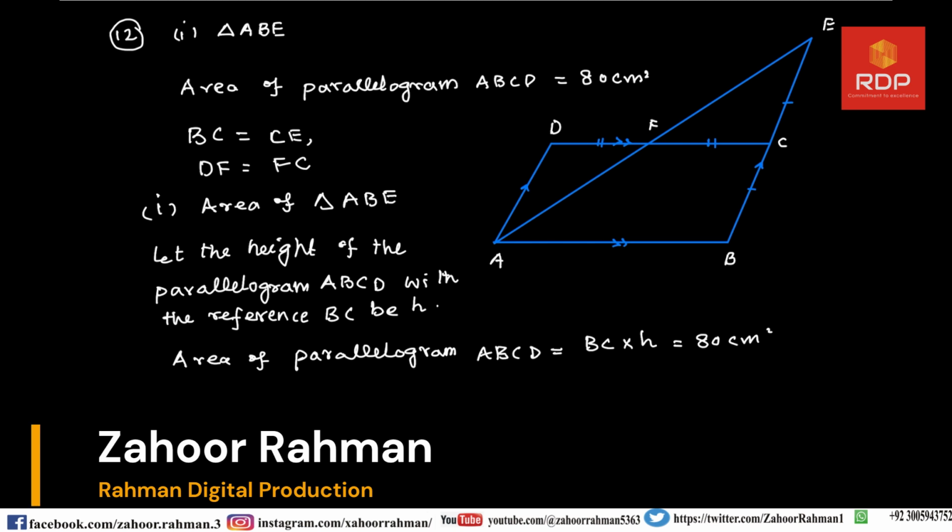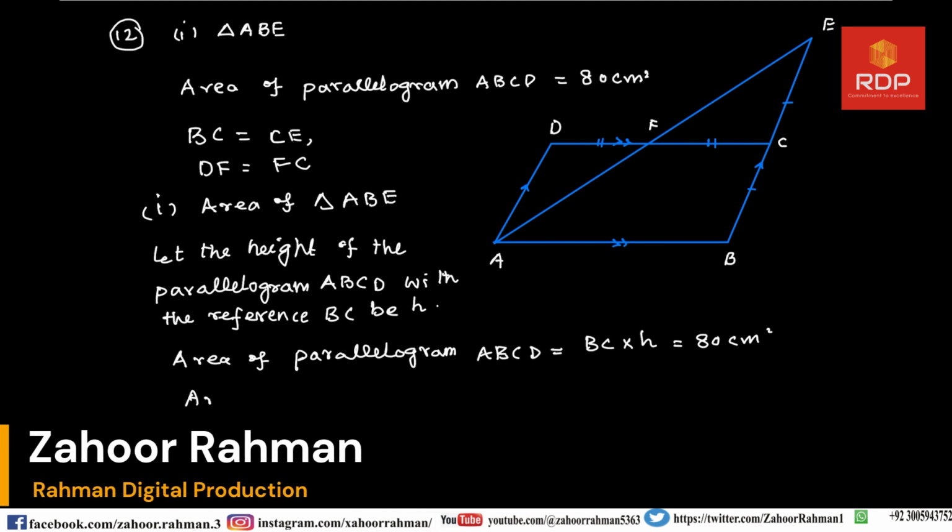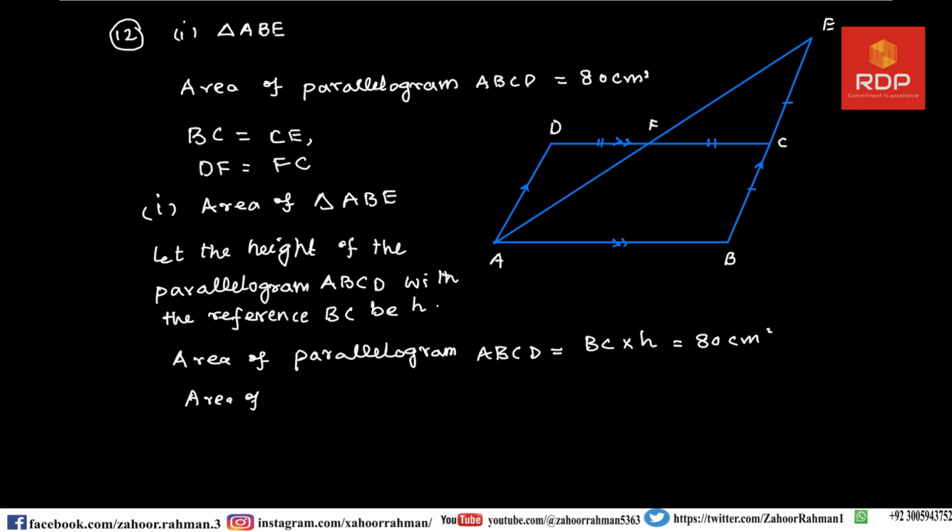So now we are finding the area of triangle ABE, and that is 1 over 2 into BE into H. So we can write 1 over 2, and BE can be written as 2BC.